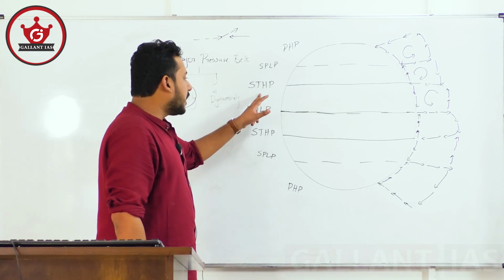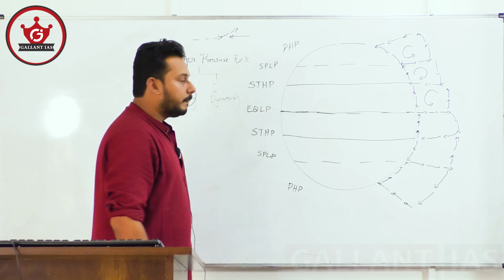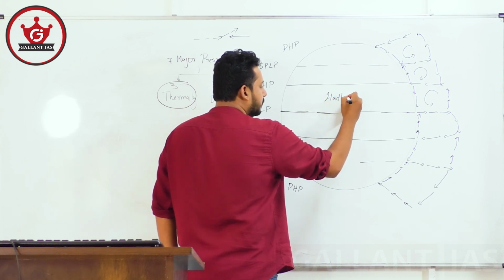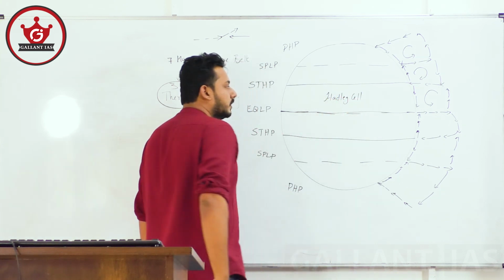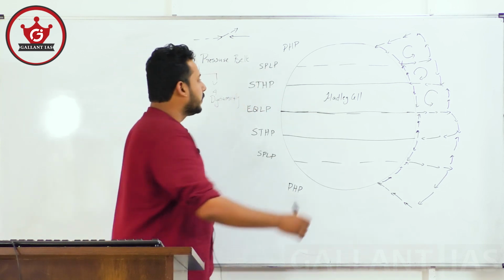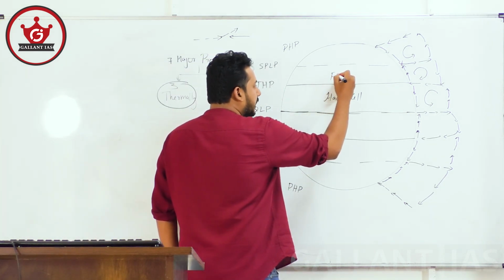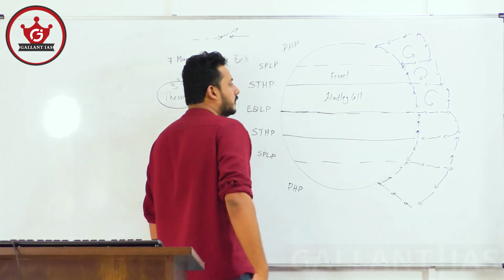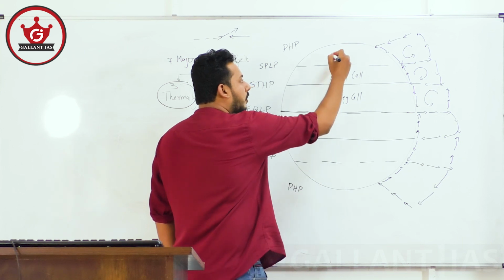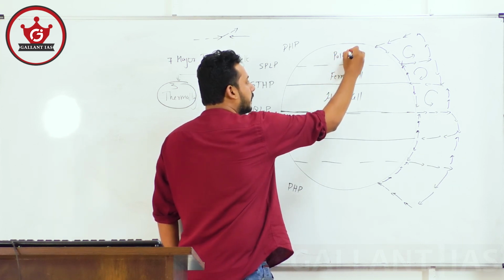The cell between the subtropical high and the equatorial low is known as the Hadley cell. Similarly, the cell between the subtropical high and the subpolar low is known as the Ferrel cell. Then, between the subpolar low and the polar high, we call it the polar cell.